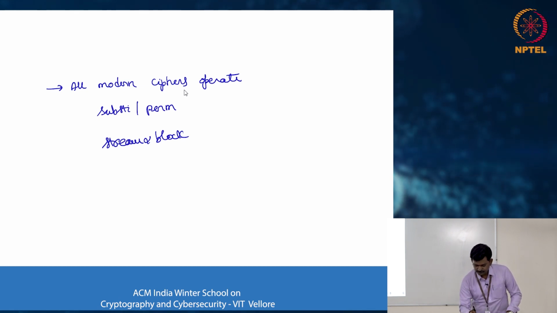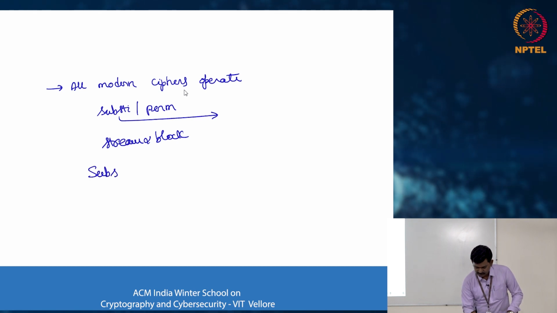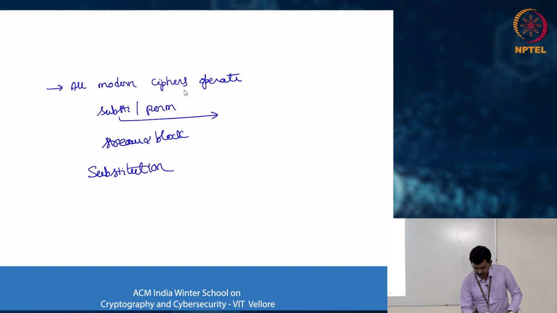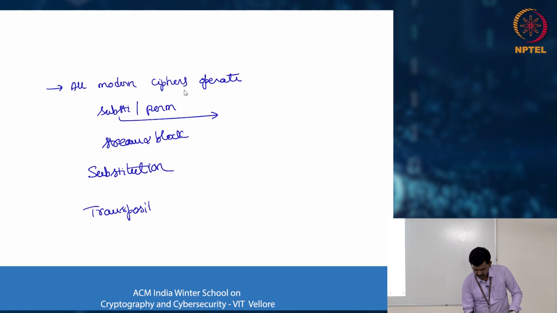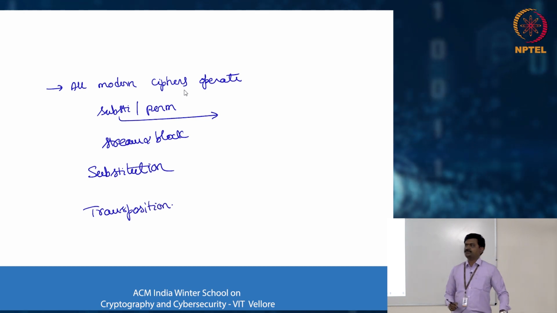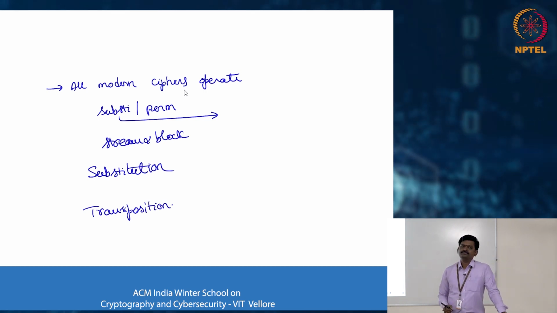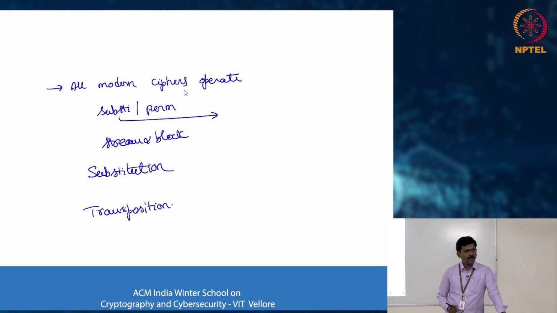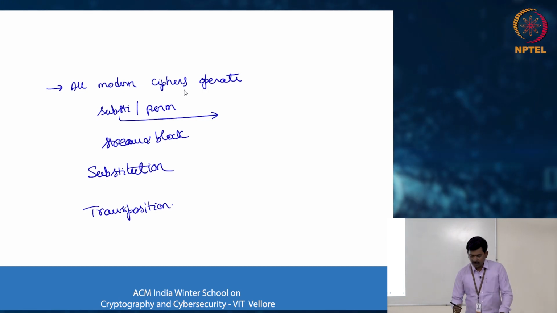So, substitution and transposition. How do they do? All modern ciphers. What are the modern ciphers?